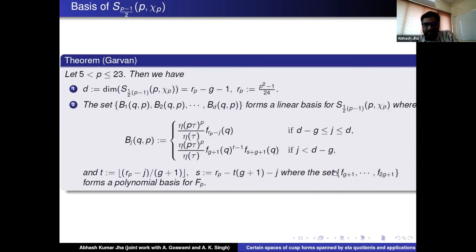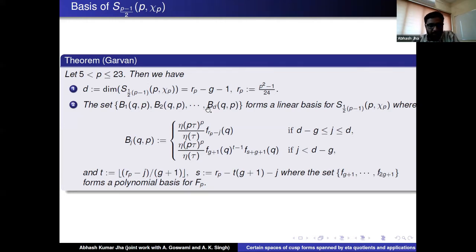I was talking about the work of Goldbach. These Fi's actually appeared in the work of Goldbach, where he studied some partition identity as well as evaluated some special values of L functions. So this basis comes from the work of Goldbach. Using this basis, Garvan has constructed this basis, and we'll use this basis to prove our witness identity.